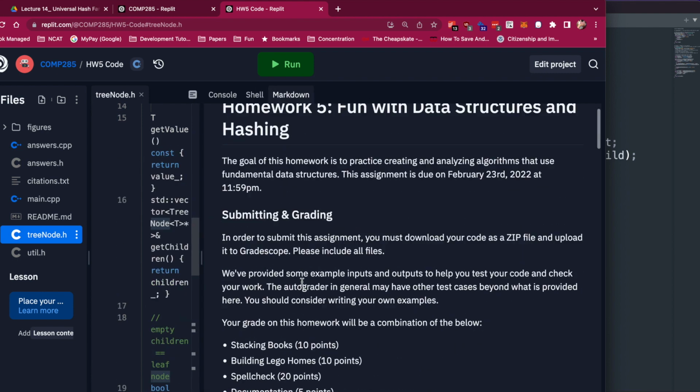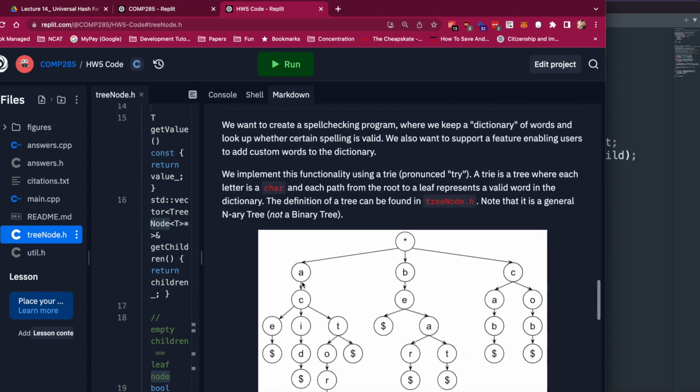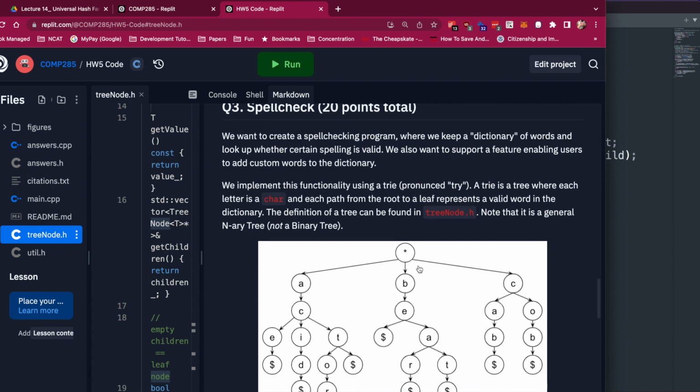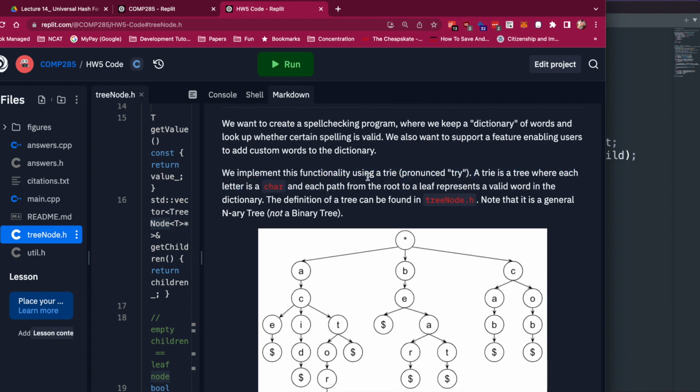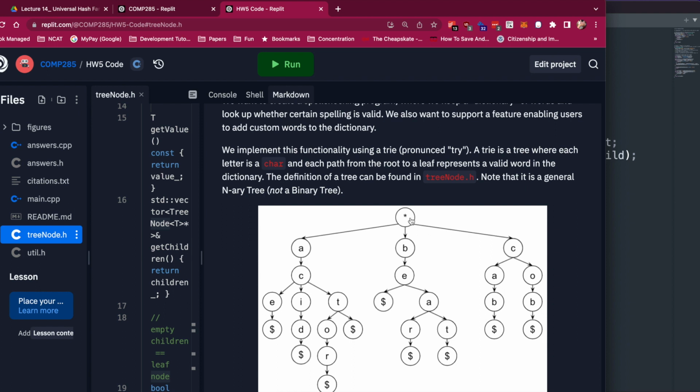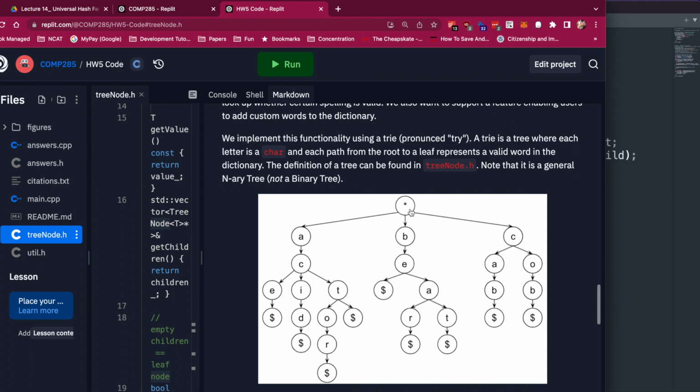So going back here, a trie is a data structure where we can store words. And it's a really fast data structure for looking up words, because within each node of the trie, we're going to store a single character. For example, here's a trie that holds the word acid.